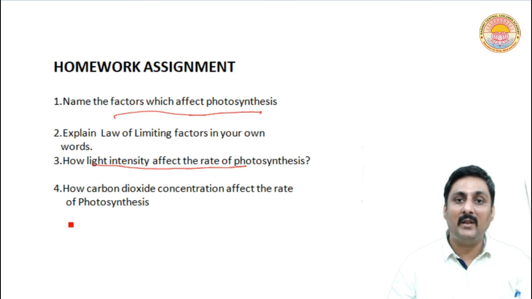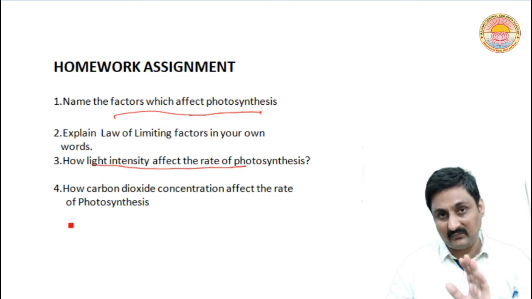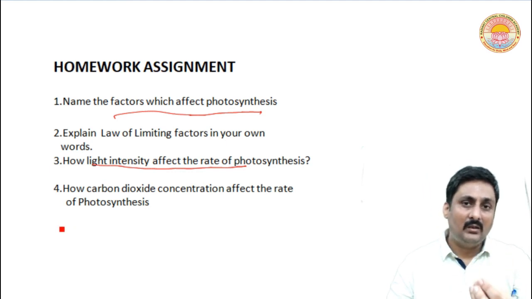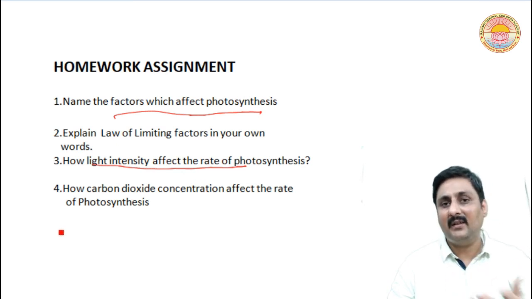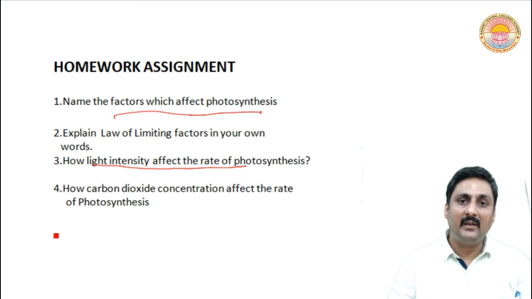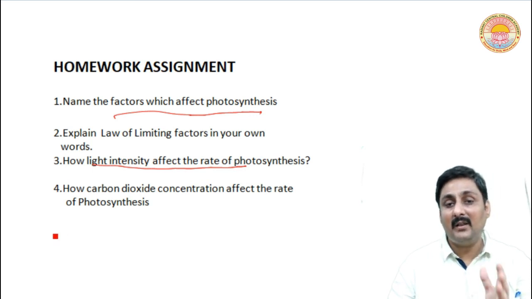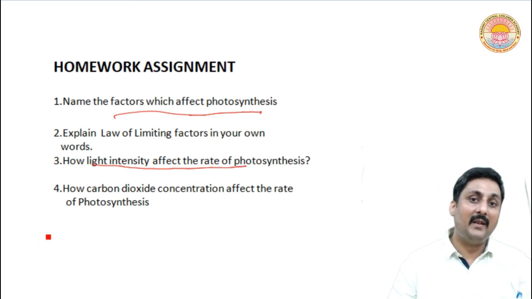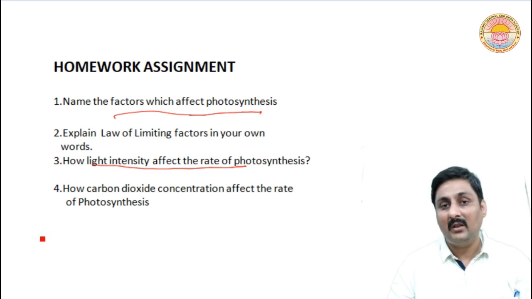So no photorespiration occurs here. Because of that, only the pure form of carbon dioxide combines with the Rubisco enzyme, and hence the rate of photosynthesis is not affected. So the current level of carbon dioxide in the globe, whatever level we have right now, can be a limiting factor for C3 plants but not for C4 plants.